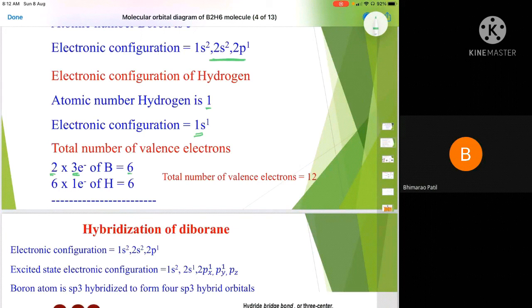In diborane, 6 hydrogen atoms are present, and 1 electron is present in the valence shell of each hydrogen atom, so that total is equal to 6. That is 6 plus 6, so the total number of valence electrons present in diborane is equal to 12.